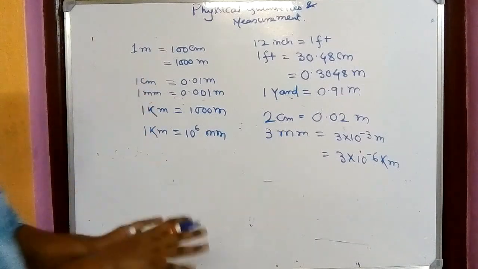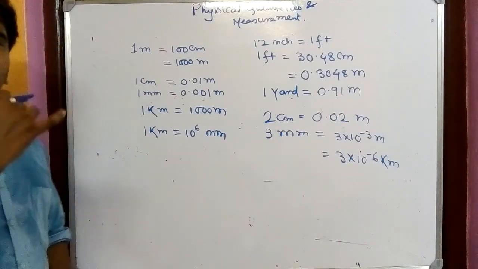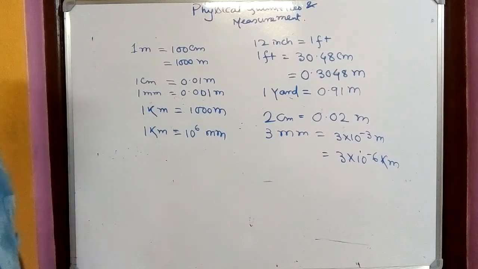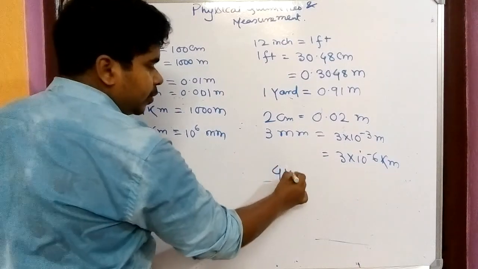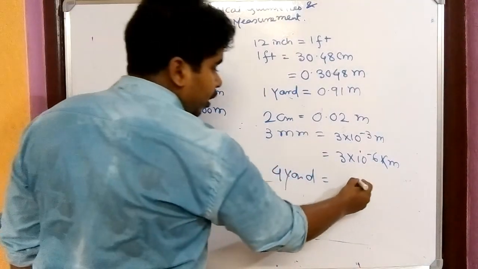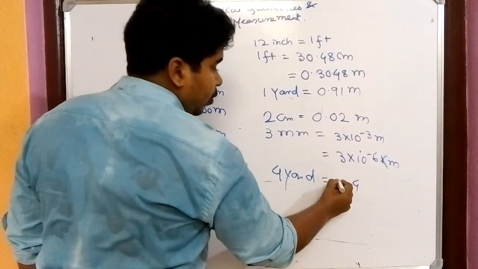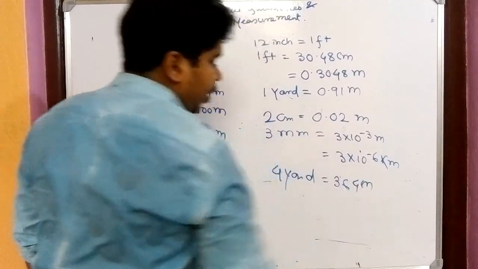So these are the basic unit system, and I'm telling you from here many more conversions will come. If it is given 1 yard equals 0.91 meter, what will be 4 yard equals how many meter? So you have to multiply 4 and 9, 4 nines are 36, so 3.64 meter.